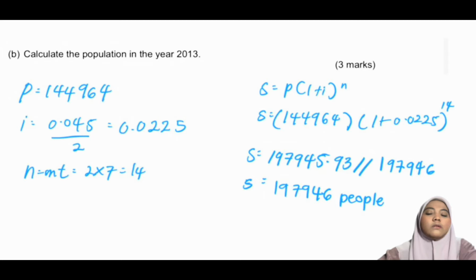And we need to write down the formula S equals P 1 plus I power of N. Substitute the formula: S equals 144,964 1 plus 0.0225 power of 14, and we get the answer 197,945.93. Since the question asks for the population, we can round up the answer, that is 197,946 people.